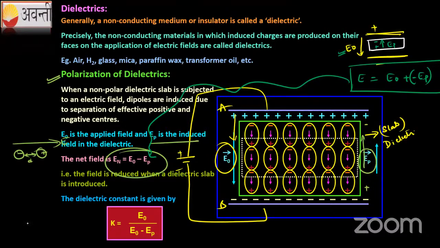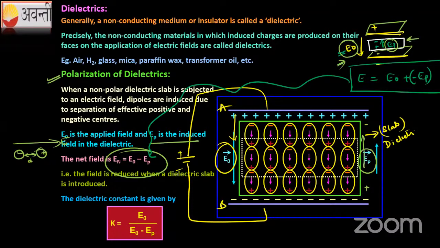Look, it's a simple concept. These are the two plates. On these two plates there is charge, so an electric field E naught is created. It's the original electric field. If I place another slab in between these two, a dielectric, it also has induced polarization due to the external electric field.